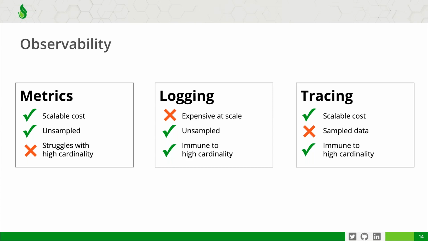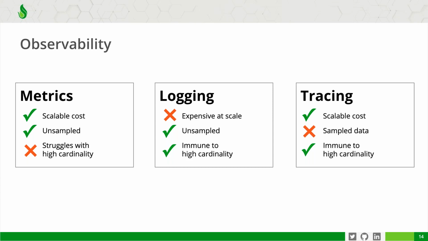Let's say you've got an e-commerce application and you wanted to measure response time by somebody's first name. You can't do that. Your Prometheus is literally going to fall over if you try to include labels on user first name. It just can't track data at that level of cardinality. So it really is only valuable when you're looking at things from a more coarse-grained perspective.